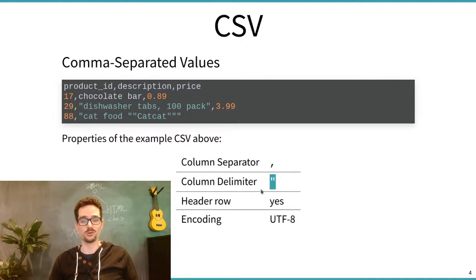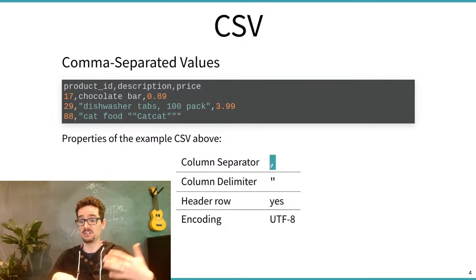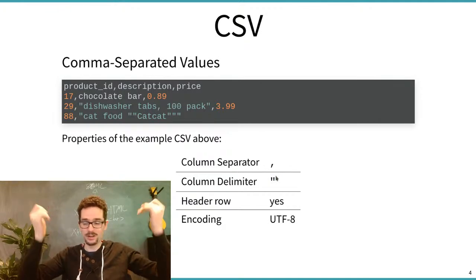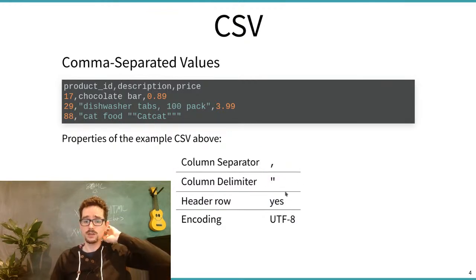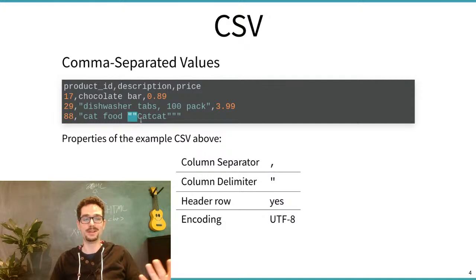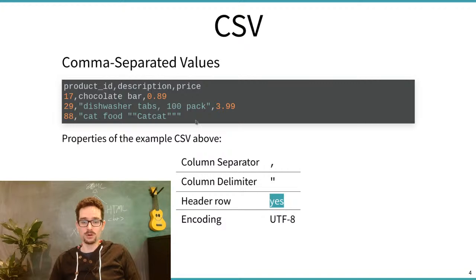You can also change this. You can say my column separator is a semicolon and the column delimiter is a pipe character, or what else. So this is not standardized. You can configure this as you want. And when you need the column delimiter within a value, you have to double it. So it's a double quote. Header row, yes, it is here.